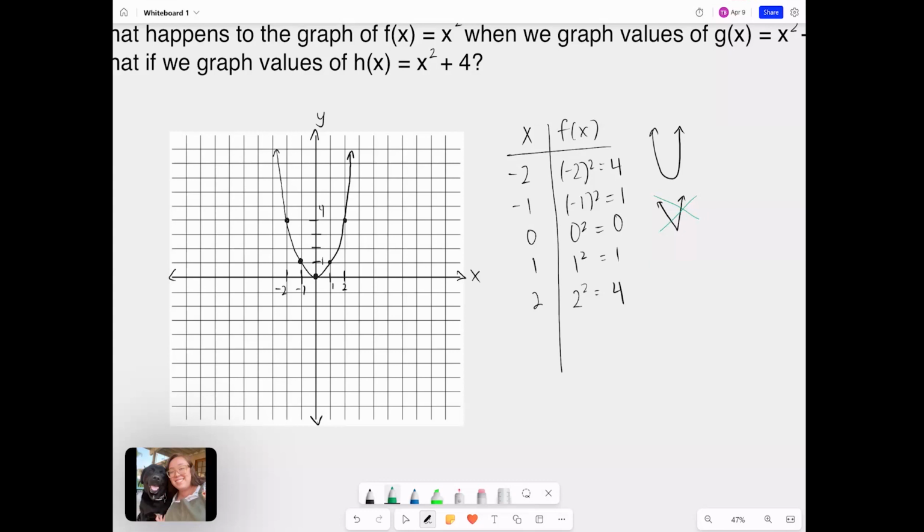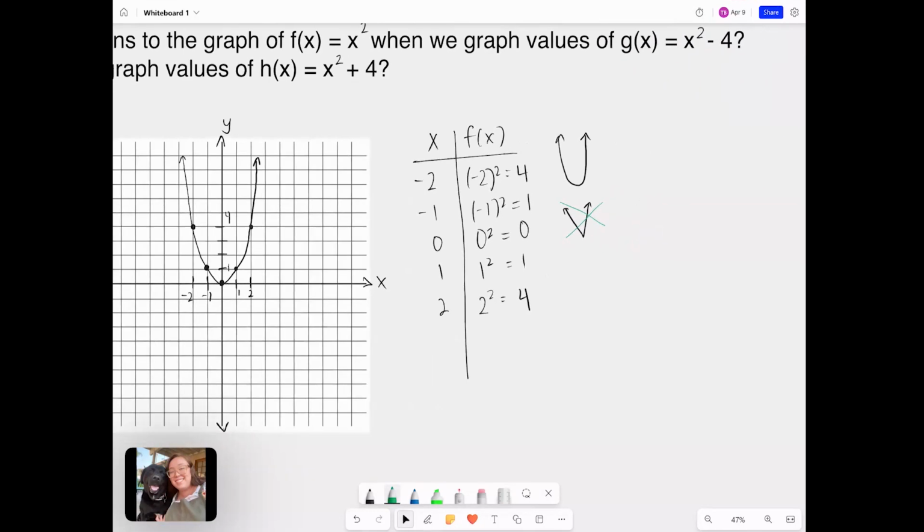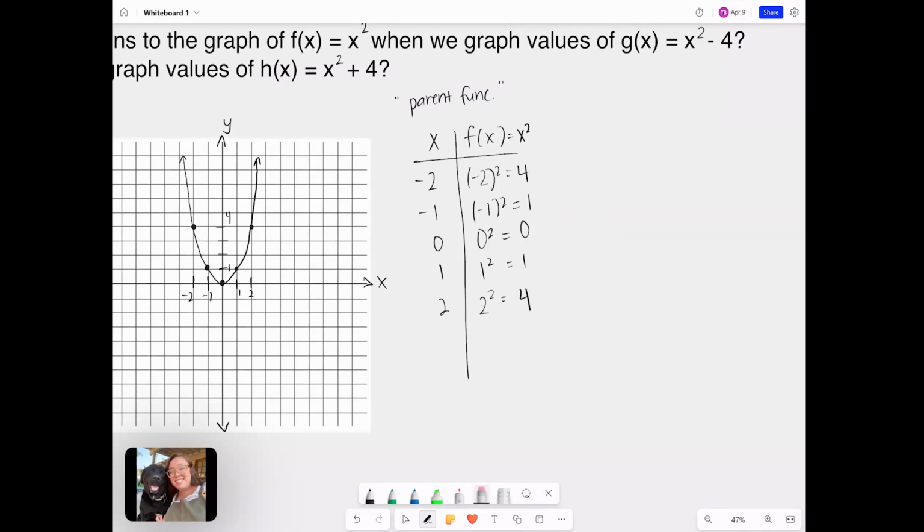Okay, so our first question is what happens to this original, we're going to call this the parent function, this f of x equals x squared. And I guess I could write that there. What happens when we subtract 4? So let's find out.